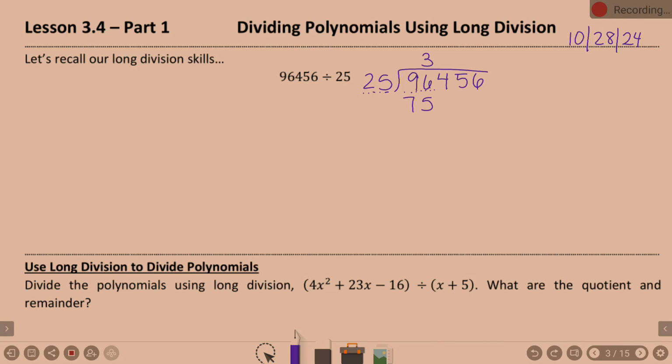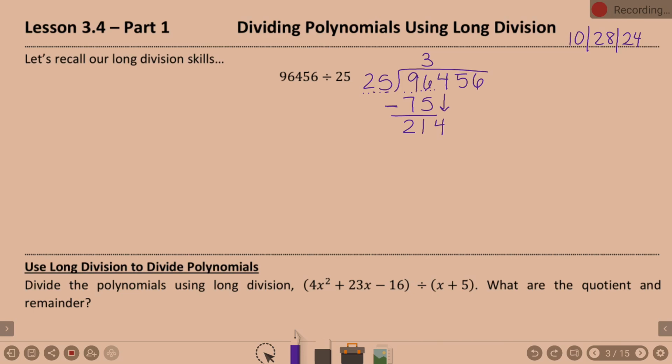And we're going to what? Subtract. 96 minus 75? 21. Now what? Okay, now we're going to bring down the 4. And now I'm going 25 into 214. 8.